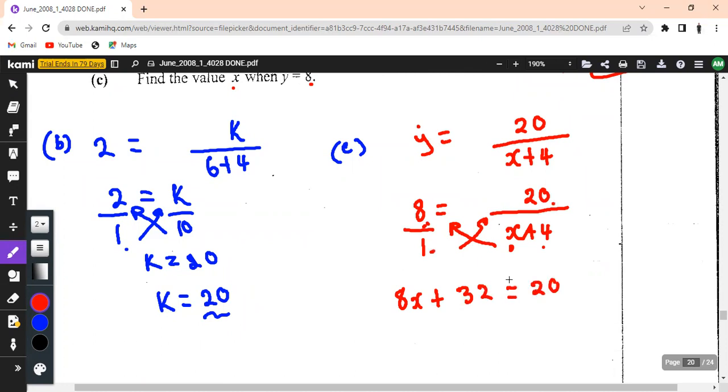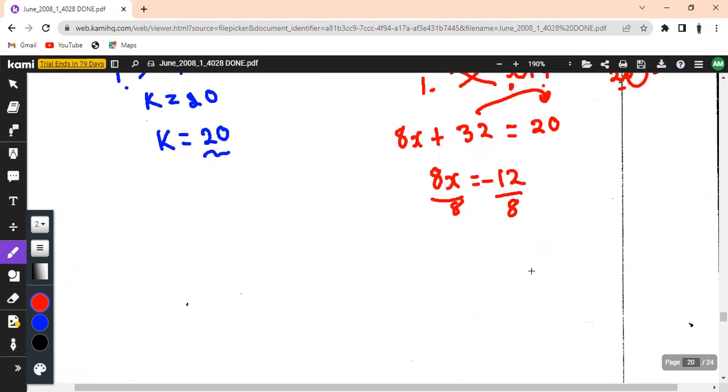That's a 20 there. All right, so let's transpose and see what you're going to have. 8x is going to be to this side, which means we have to subtract 20 minus 32. That's 32 minus 20, which is 12. And you take the sign of the bigger number, that's a minus. Divide by 8 both sides, to clear the x there.